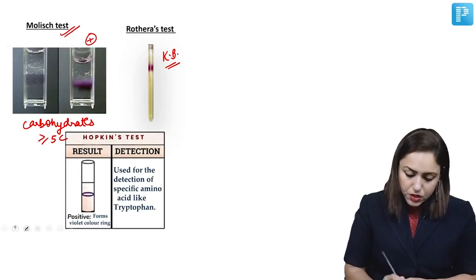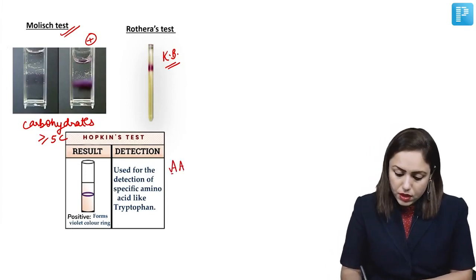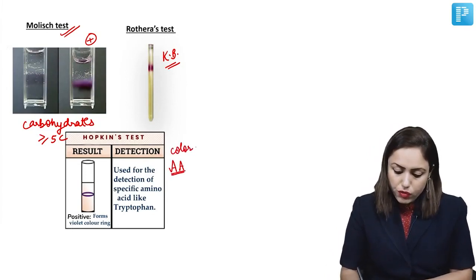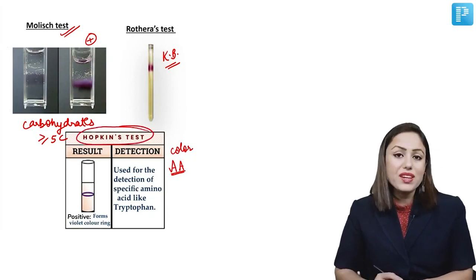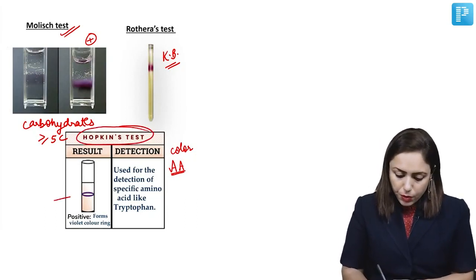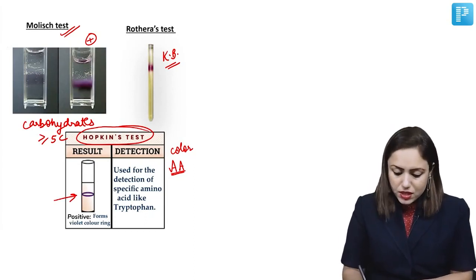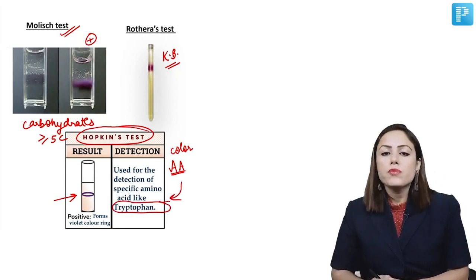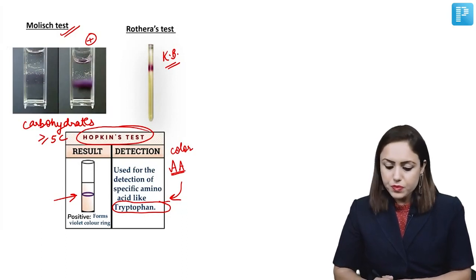Then there is a purple ring in one more test, that is for amino acid. In the color reactions of amino acids, that is Hopkins-Cole test. Hopkins-Cole test also gives a purple ring at the junction of two liquids, and this test is for which amino acid? It is for the aromatic amino acid tryptophan. Okay.